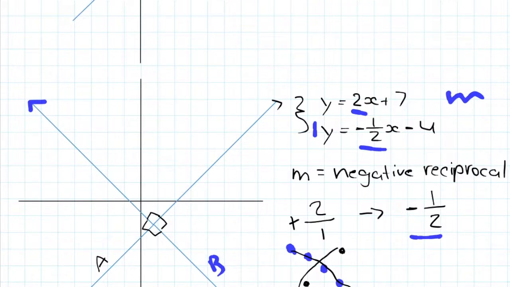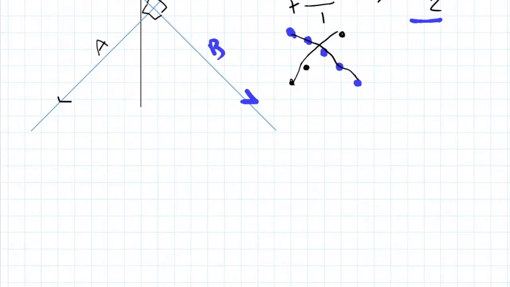Now, I'll give you a simple word problem. Say I have line A. I know line A's equation. I know that the equation of line A is y is equal to negative 2x plus 2.